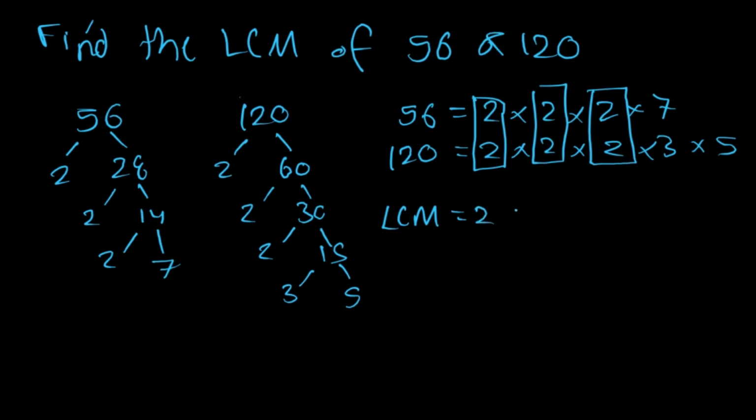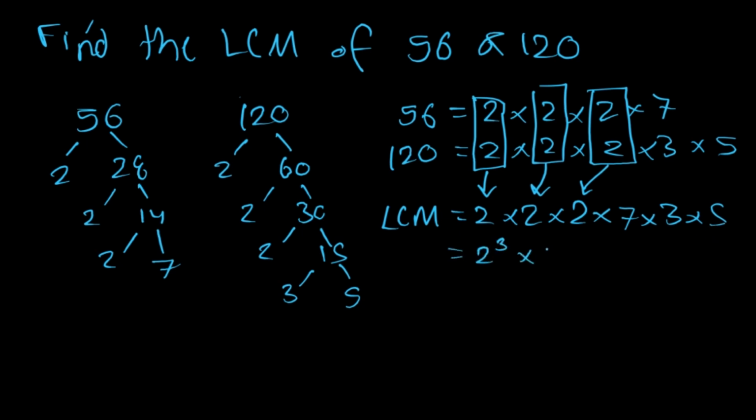So 2 times 2 times 2. 1, 2, and 3. And then fill in the rest. So times 3, let's just do 56 first. So times 7, and then times 3, and then times 5. Which equals 2 to the power of 3 times 3 times 5 times 7, which equates to 840.